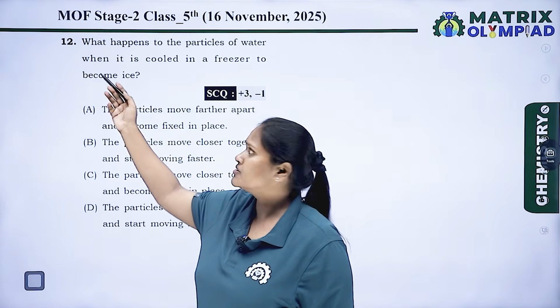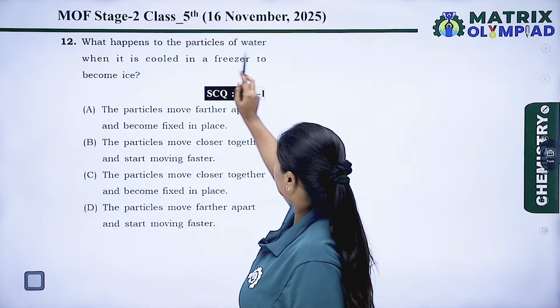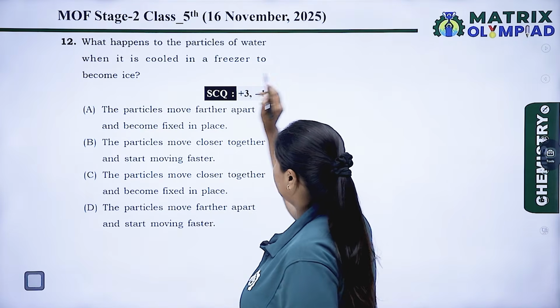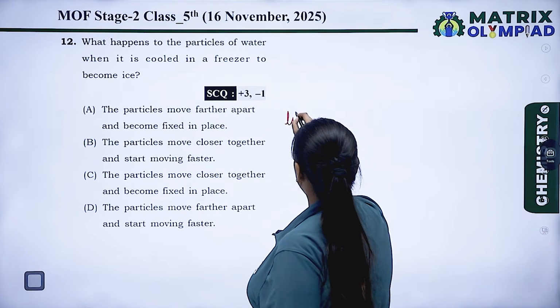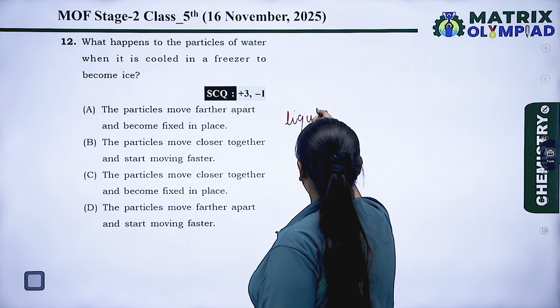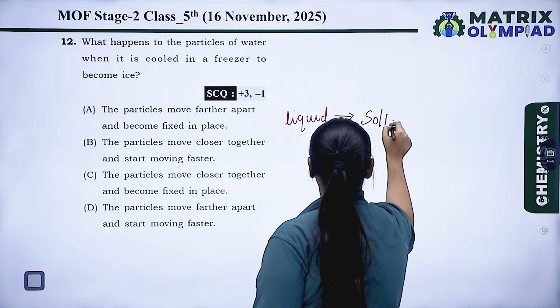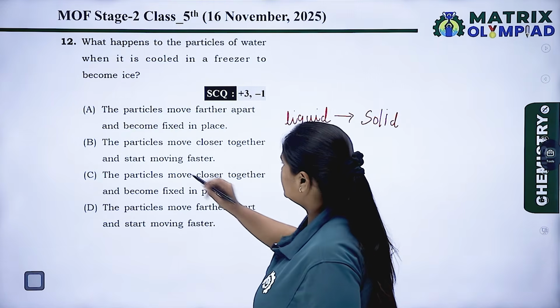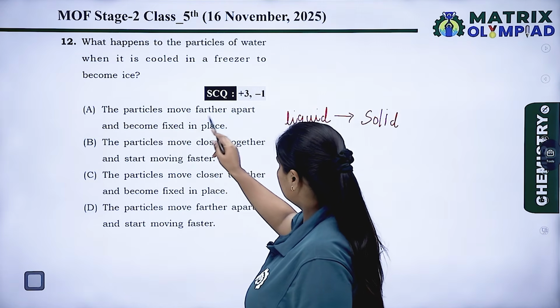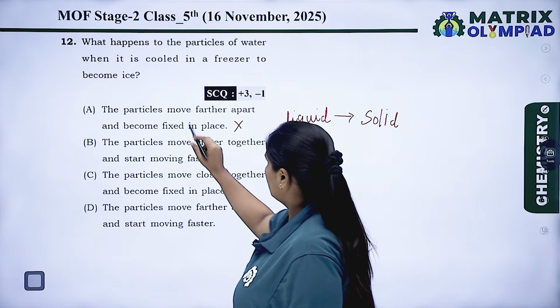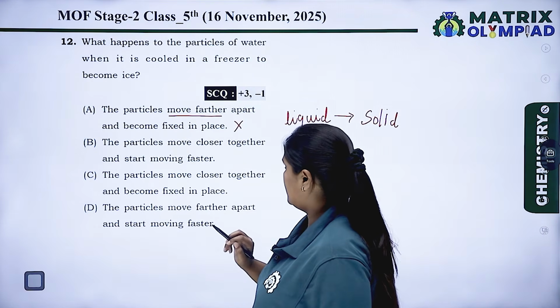Now come to the next question. What happens to the particles of water when it is cooled in a freezer to become ice? Means in this question, liquid changes into solid. Option A, the particles move further apart and become fixed in place? No, further apart is wrong.